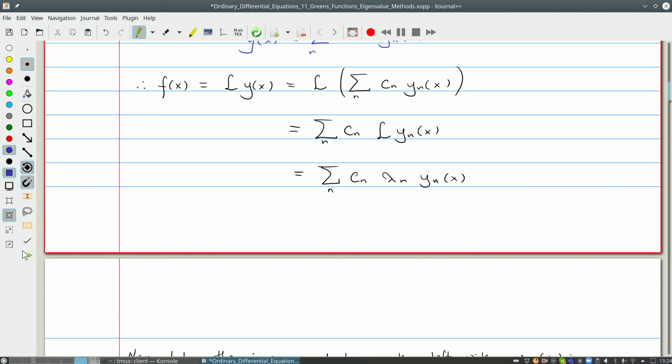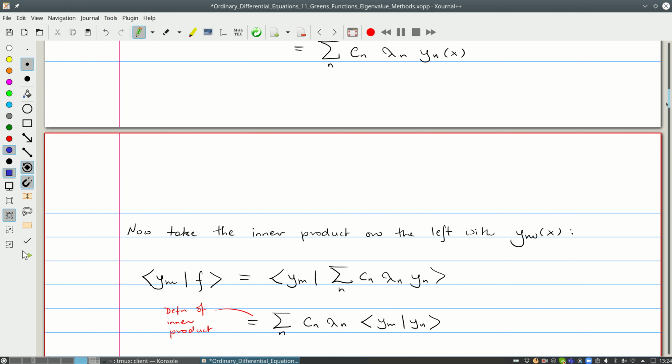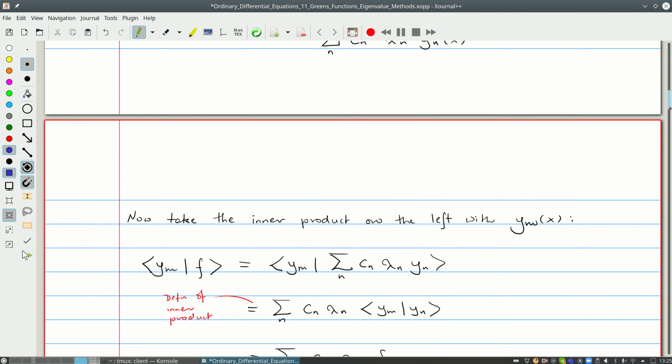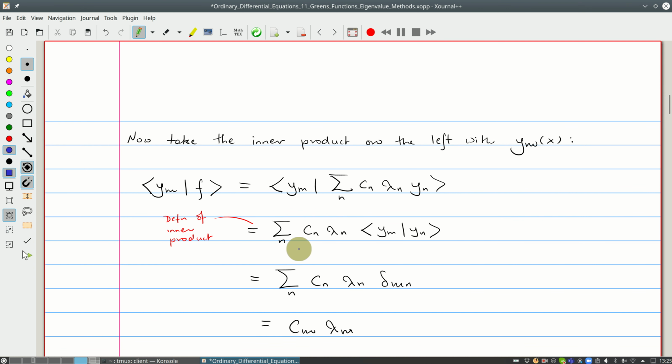Great. Now what? Well, now we take the inner product from the left with ym, where m is anything. So the inner product of ym with f is the inner product of ym with this entire sum from here. Now because the inner product is linear, you can bring the sum outside, and then we have the sum over n of Cn, lambda n, and the inner product of ym with yn.